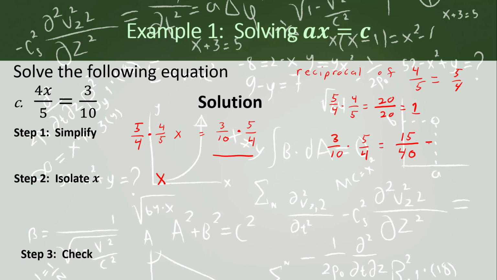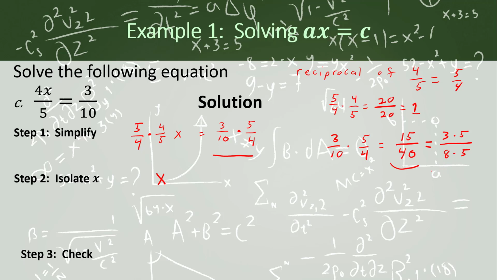Now here's where things get a little tricky. Notice here, we need to look at this and realize that this fraction is not reduced. Why is it not reduced? Because 15 and 40 have common factors. And we need to identify what those common factors are and factor them out. For example, 15 can be written as 3 times 5, and 40 can be written as 8 times 5.